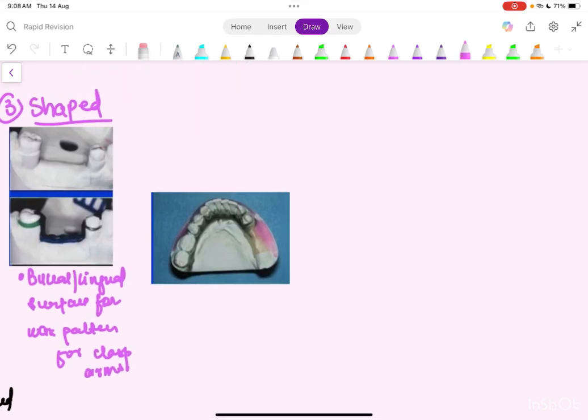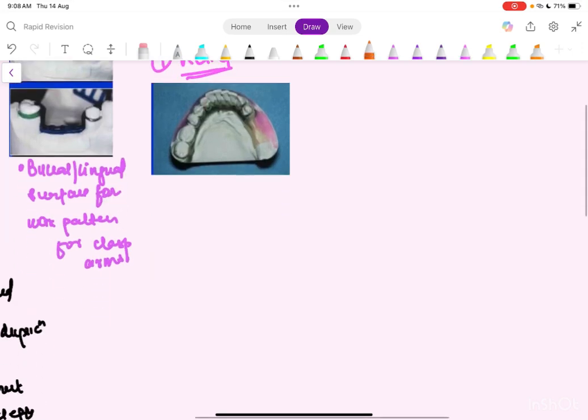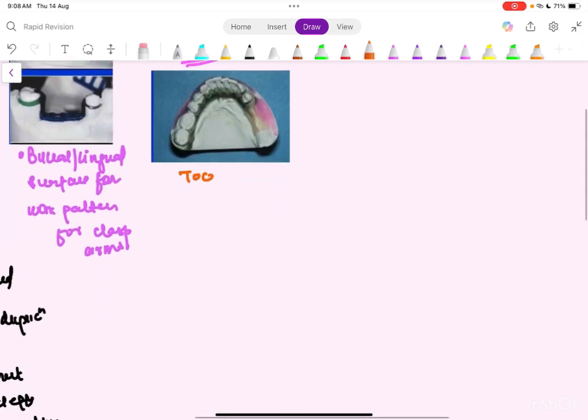Now coming on to the last one. So this is relief. Now this is basically to create space between the framework and the cast or soft tissue.